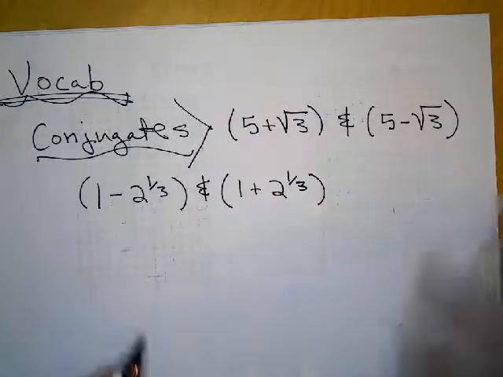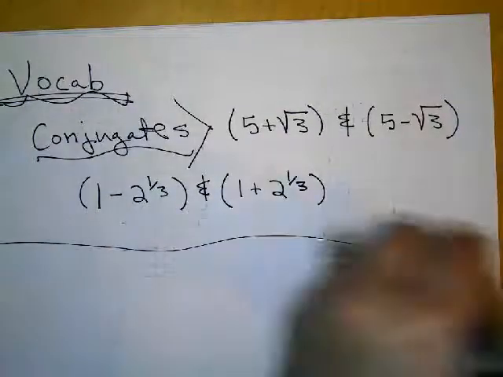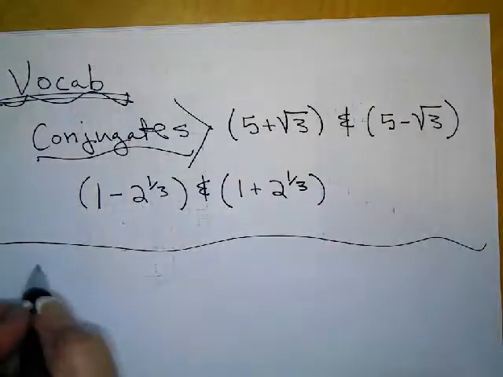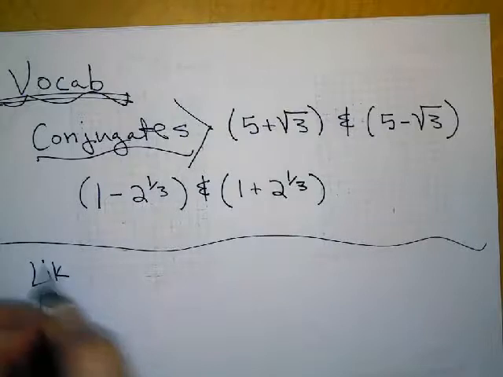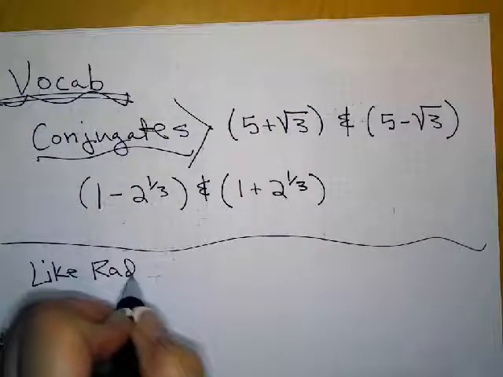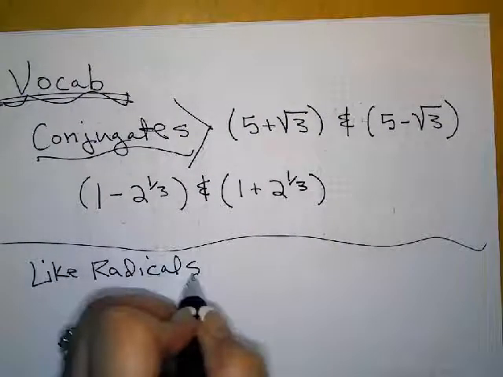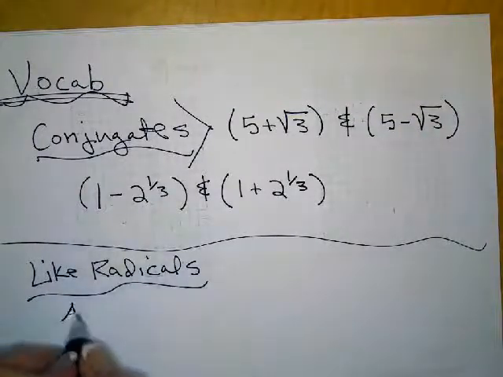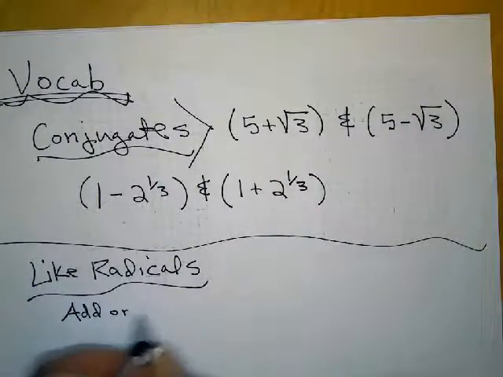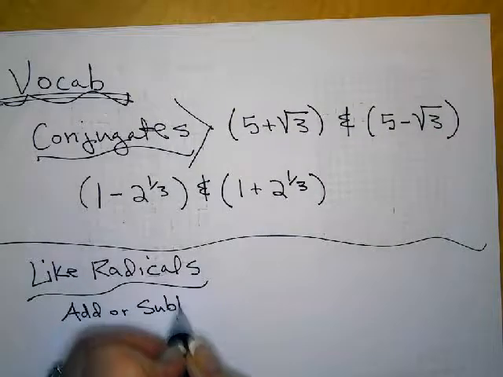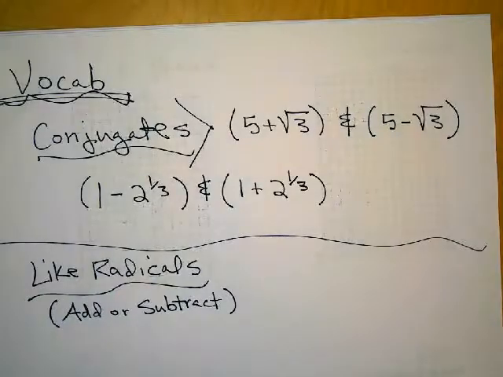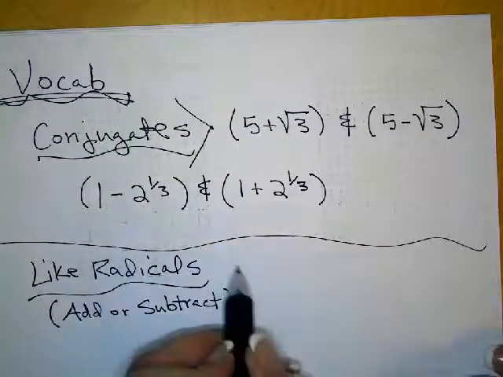They also have some like radicals, is what they talk about next. Like radicals come into play when we add or subtract. And in order for something to be like radicals, they have to have the same index.